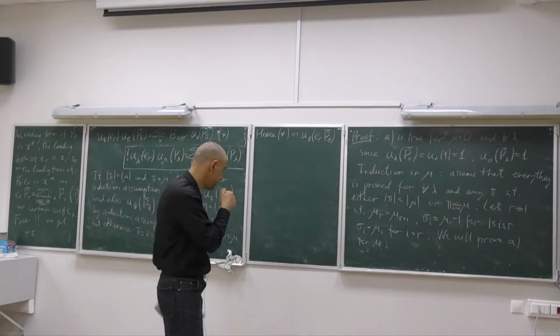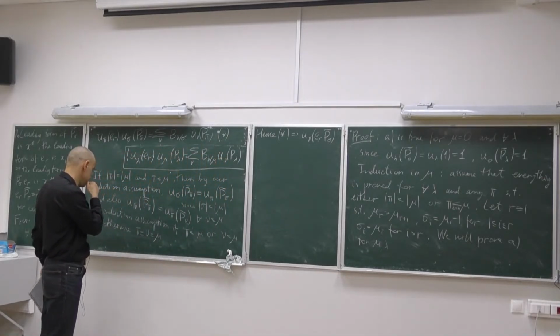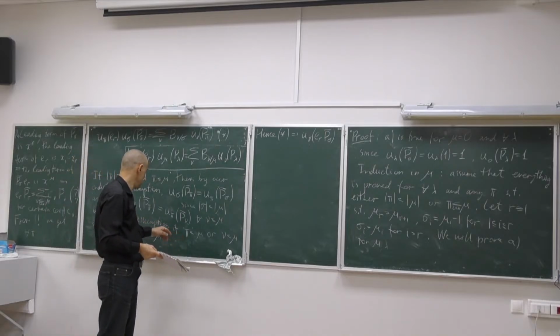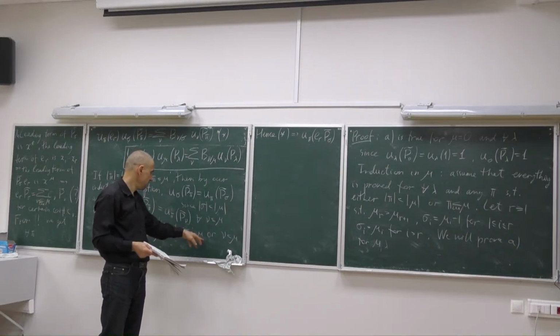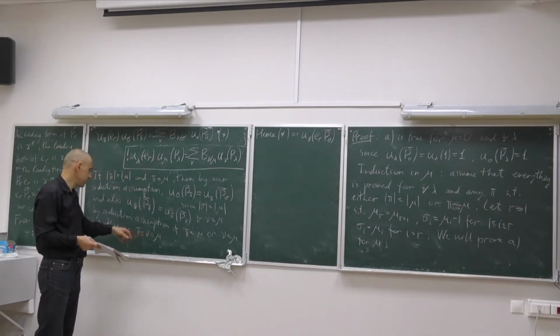Why is it written otherwise, equals? Because either pi is smaller or nu is smaller, or they're not smaller, then they must be equal to mu, and that's it.